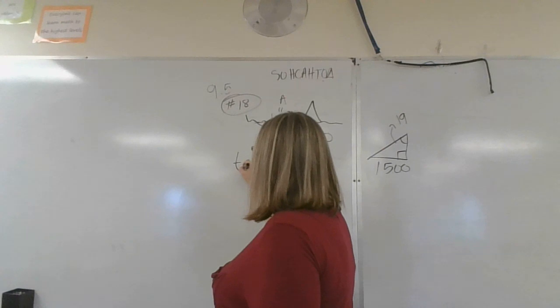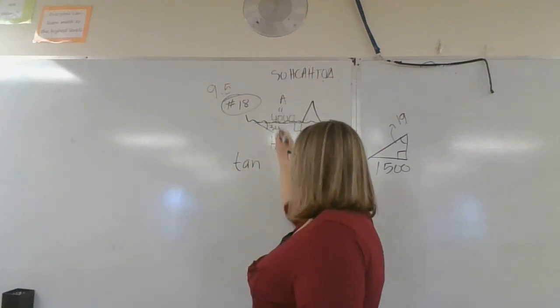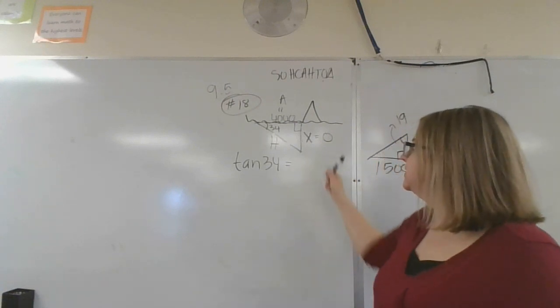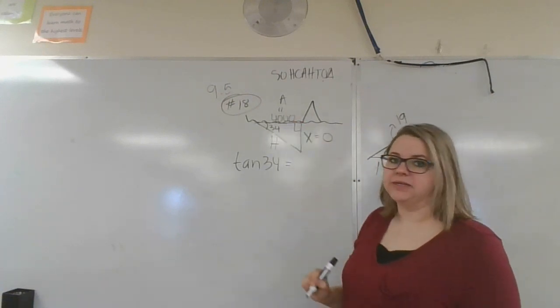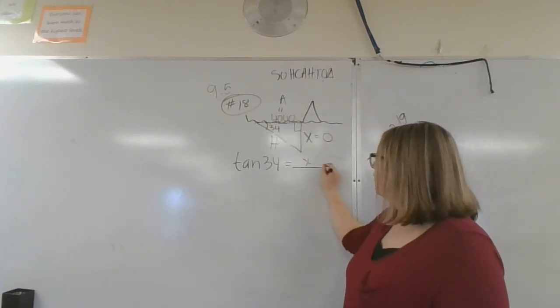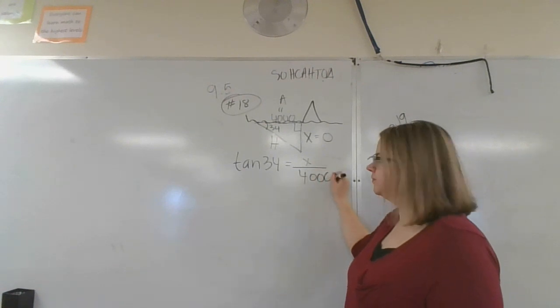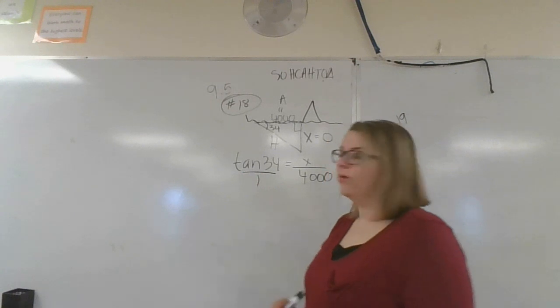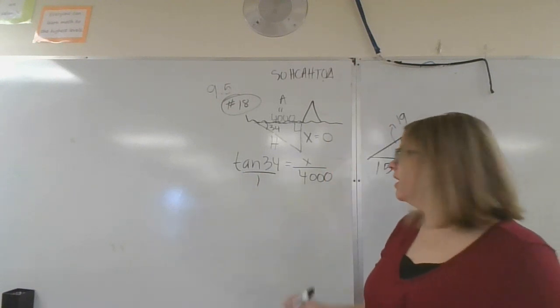I have tangent of 34 degrees equals opposite. Tangent is opposite over adjacent. So X over 4,000. Now I can put tangent of 34 over 1. That means the same thing, and then cross multiply.